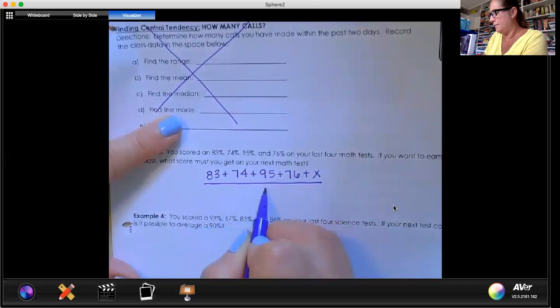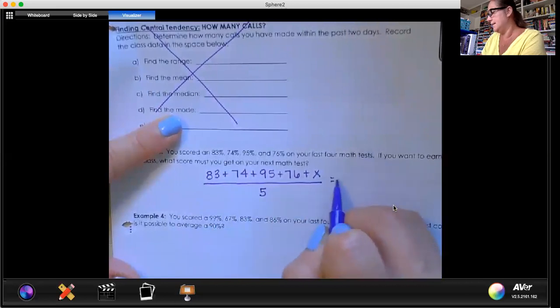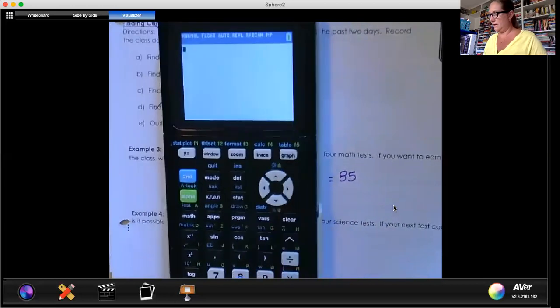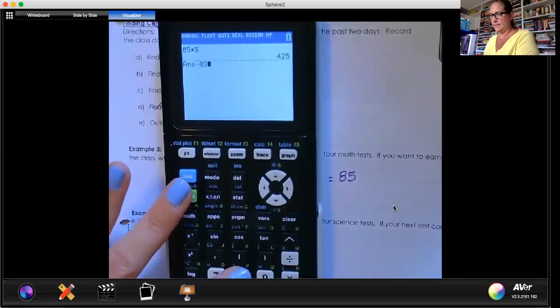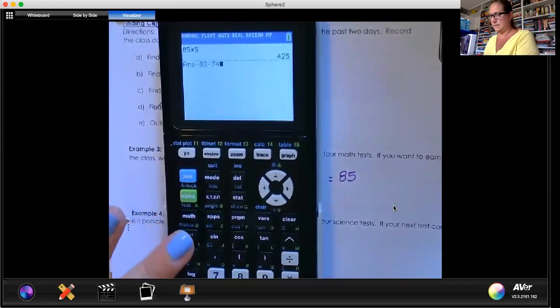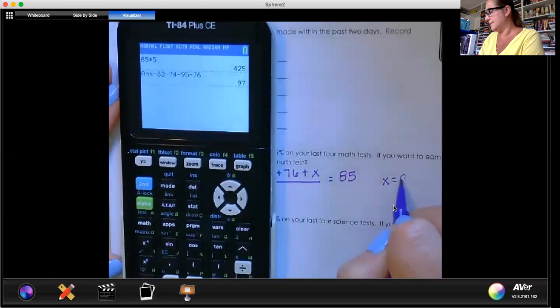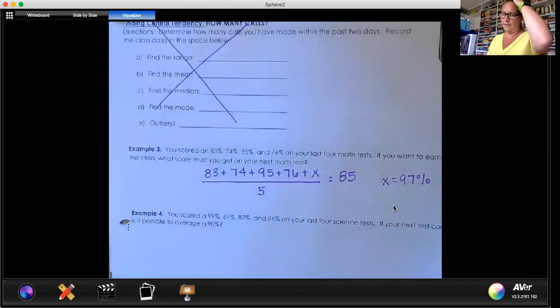We're going to divide by the number of tests to get an average of 85. So just using our calculator, 85 times 5, and then we're going to subtract. And 97 is the score that you have to make on that last test in order to earn the grade that you would like.